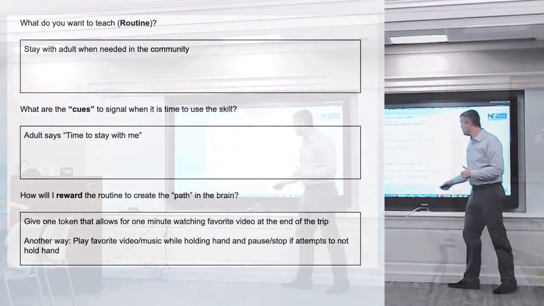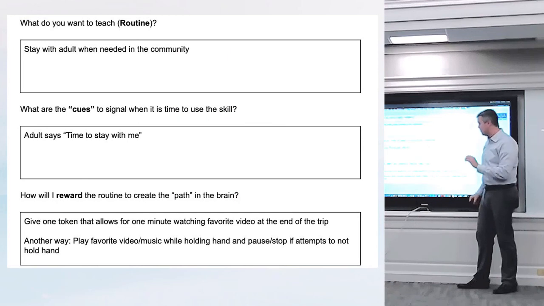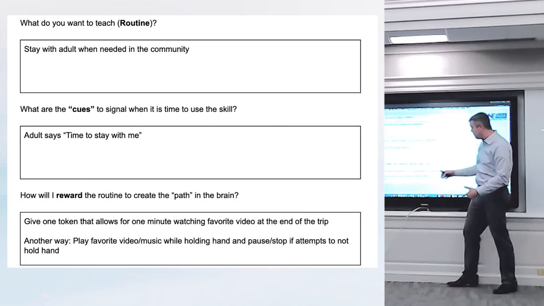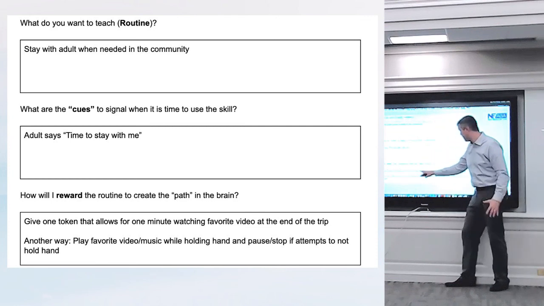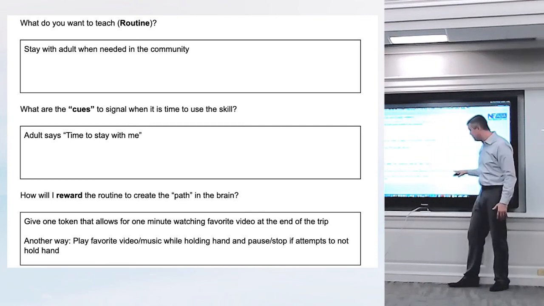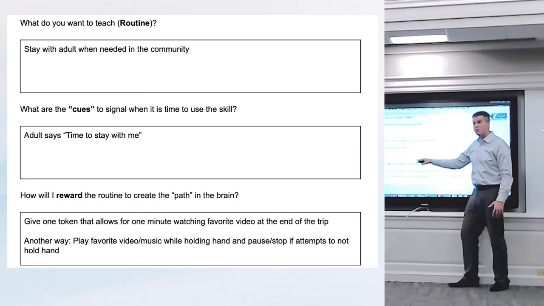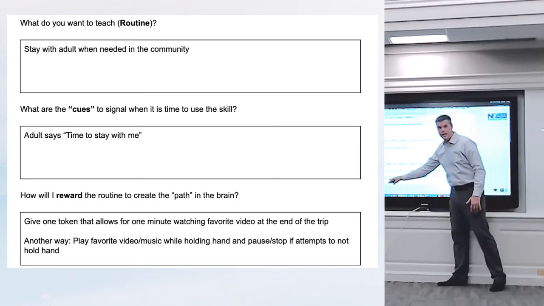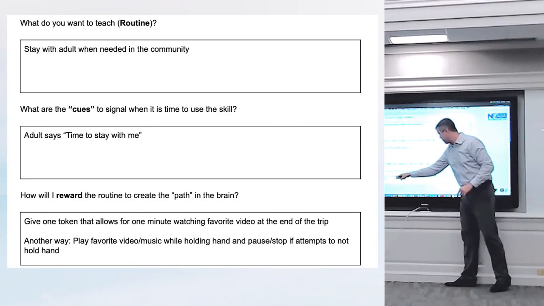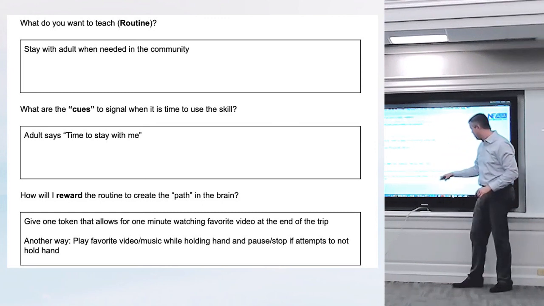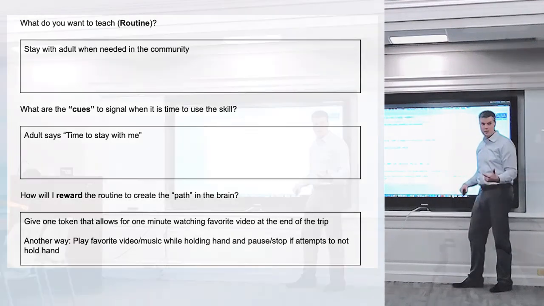And then how am I going to reward? So again, I gave a couple of examples in here. My first example here is I have the reinforcement system. My one token allows for 1 minute, my favorite video, right? So there's the reinforcement system I'm using. My other way here is I kind of just took out the reinforcement system. And this one is I play a favorite video or music while holding the hand, and I pause if they attempt to not hold my hand.